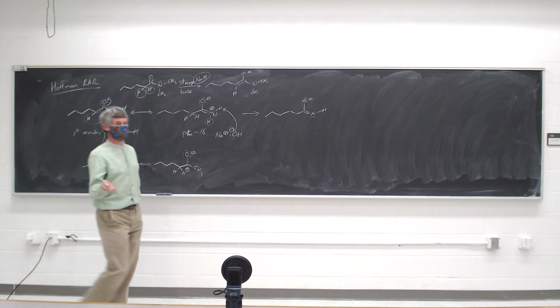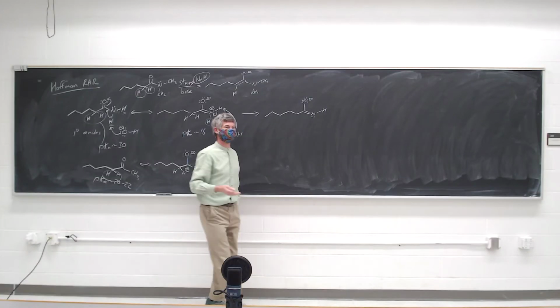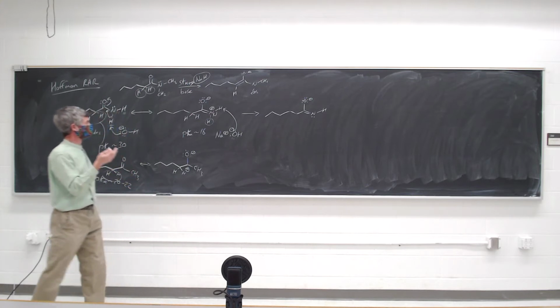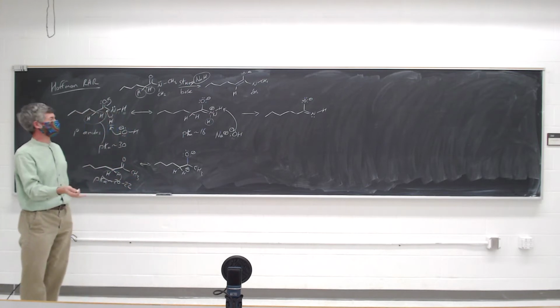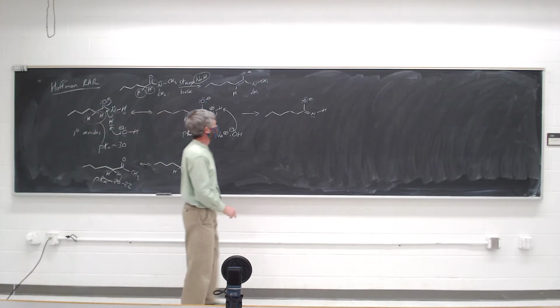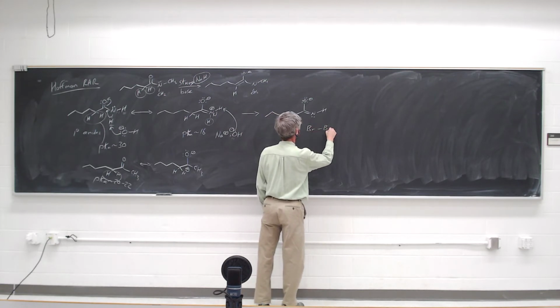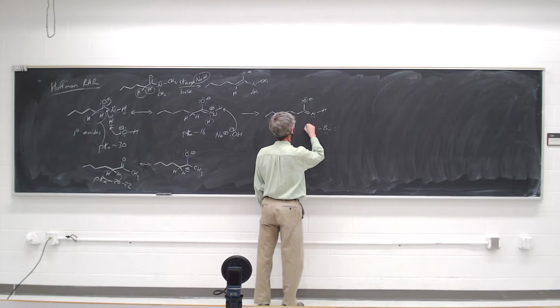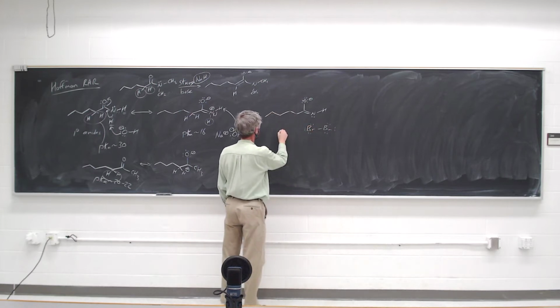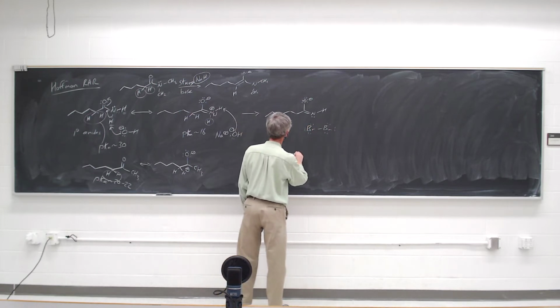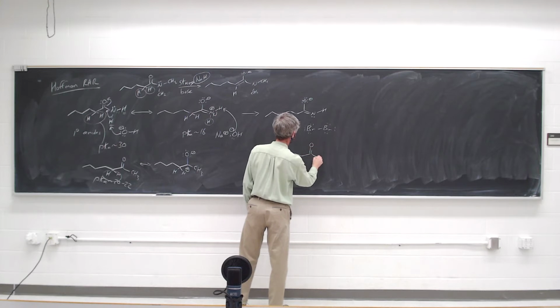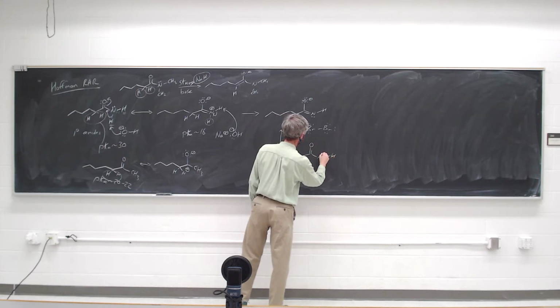It's not an enolate ion because it isn't a carbon-carbon double bond, so it's not an alkene, but it's functionally equivalent. And it's got a resonance structure. It has a negative charge on the nitrogen.